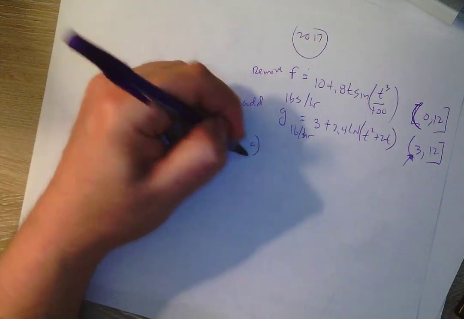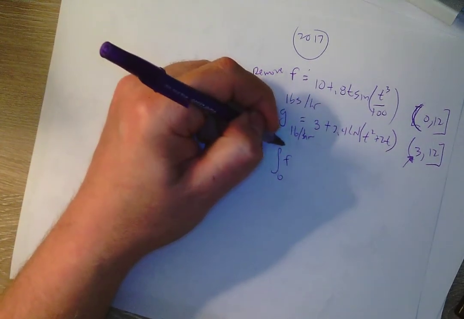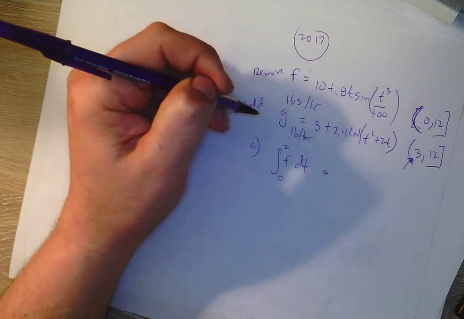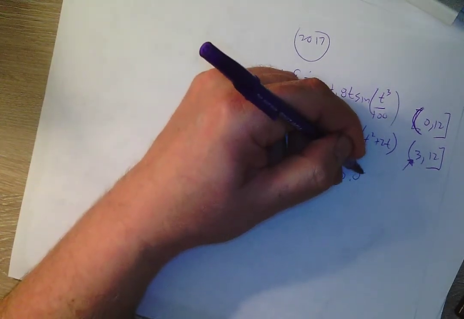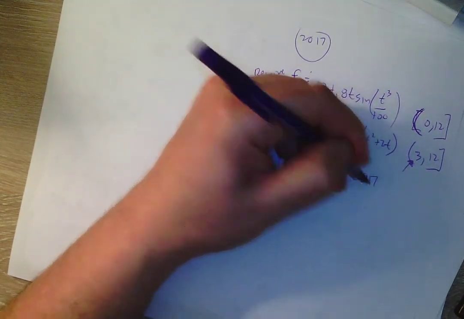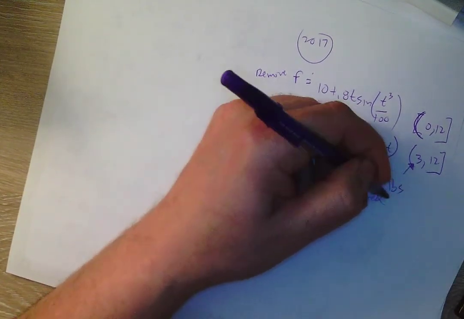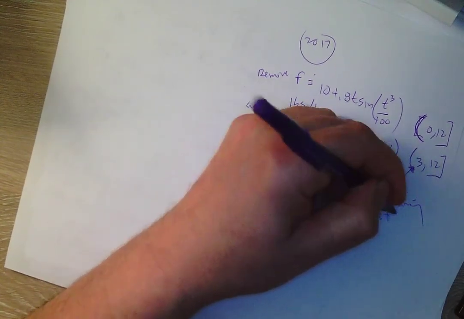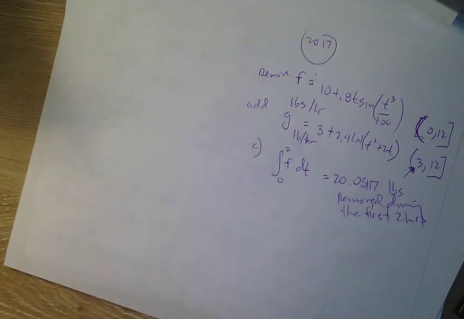So for part A, I want to integrate f from 0 to 2 dt, and I found out that number was 20.0517 pounds removed during the first 2 hours. Okay, that's an easy 2 points.